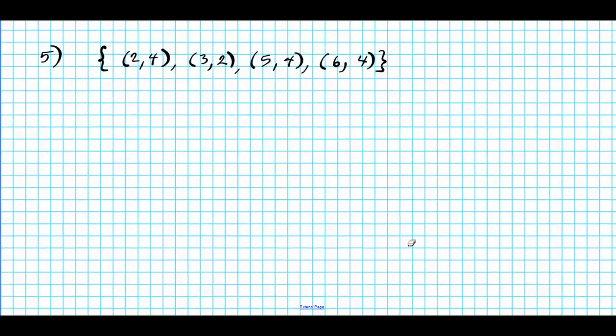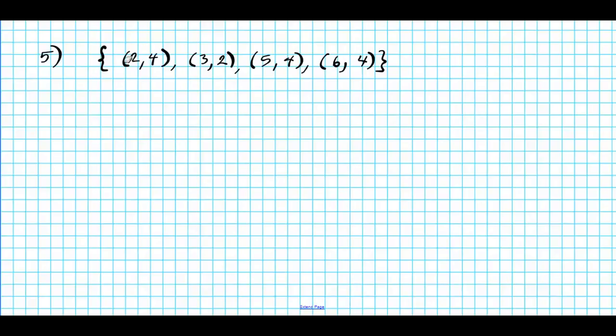All right, let's take a look at question number 5. This is presented in ordered pairs. This is also a numerical representation of a relation. Okay, so is this relation that we have here a function or not? So remember, whenever a relation is presented in numerical format, we want to focus on the repetitions on the inputs, for the x's.